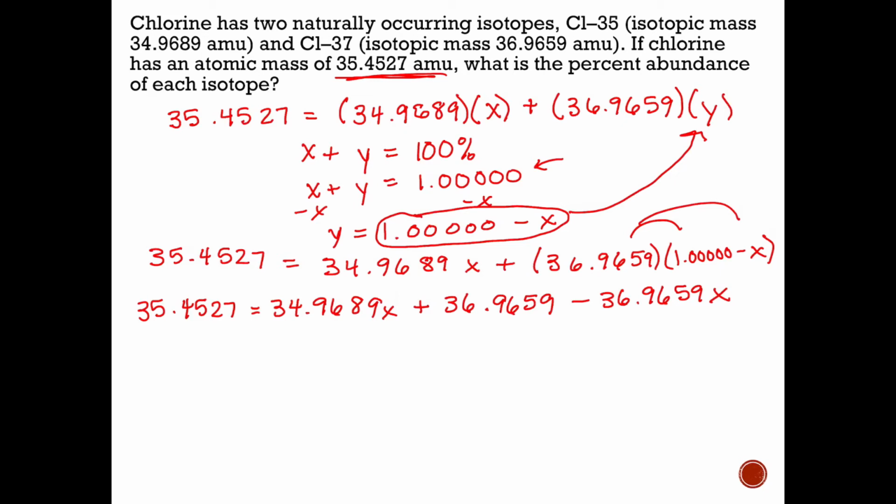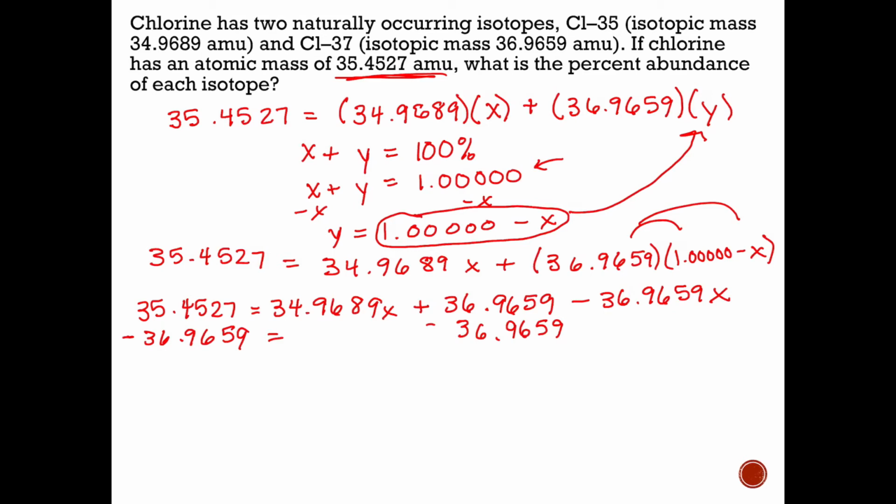You can subtract 36.9659 from both sides here. Sorry, that's a subtraction. And then you can combine those x terms, right? You can combine this 34.9689 and that negative 36.9659.